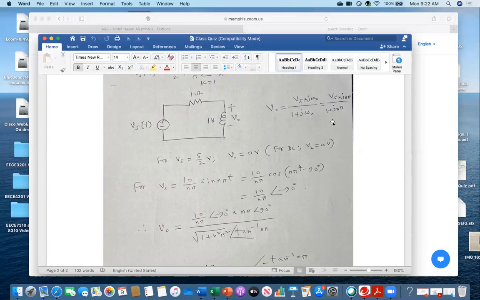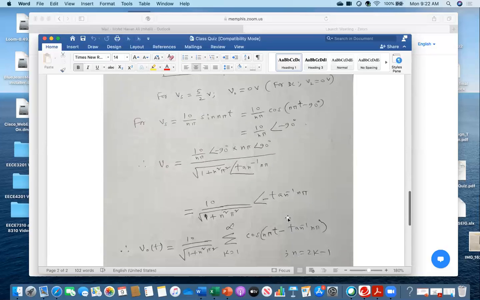And angle is tan inverse n pi over 1, just tan inverse n pi. So then what I am getting, n pi cancels, plus 90 minus 90 angle is 0. So I am getting only 10 in the numerator. And denominator, this one, root of 1 plus n square pi square. I am taking this angle in the numerator, that's why minus tan inverse n pi.